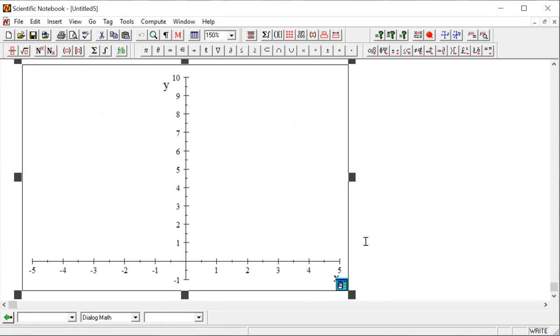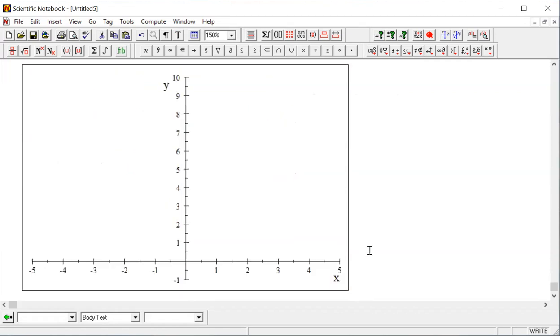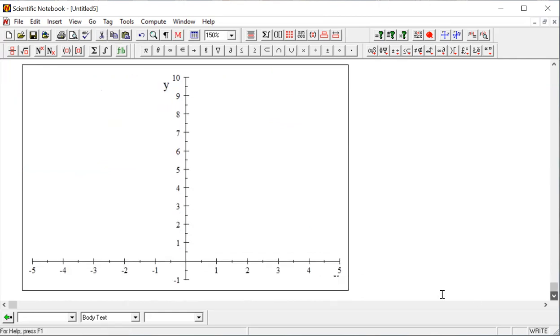Because I don't anticipate there's going to be any negative number as output, right? So our range is not going to have negative numbers. So think about the range, right? As we're plotting the points. So we're going to plot all of these points in the graph.